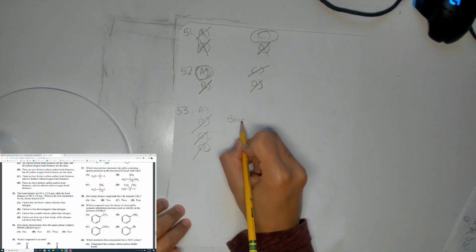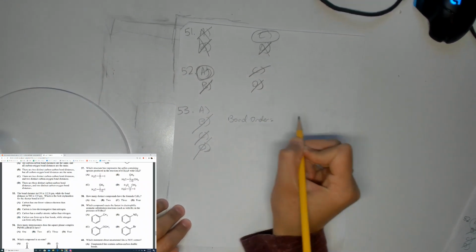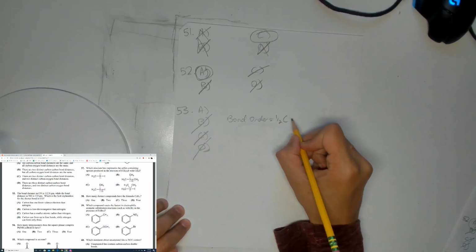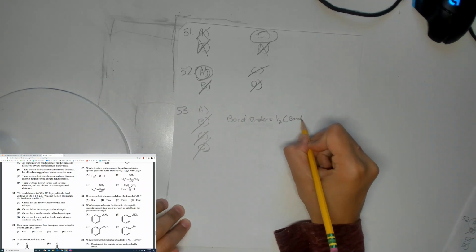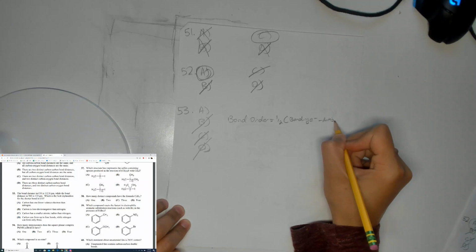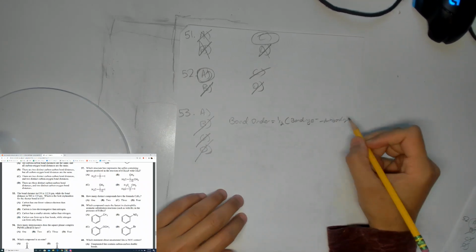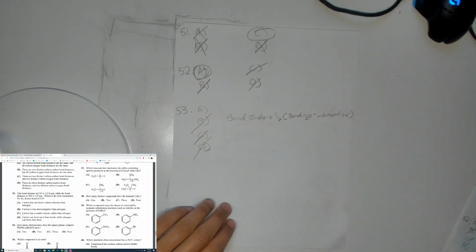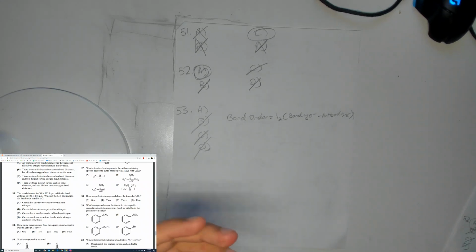The equation for bond order equals 1/2 (bonding electrons minus anti-bonding electrons). So like I said before, learn how to draw the molecular orbital diagrams. Bond order is inversely proportional to bond distance, and you can find out why A is the answer.